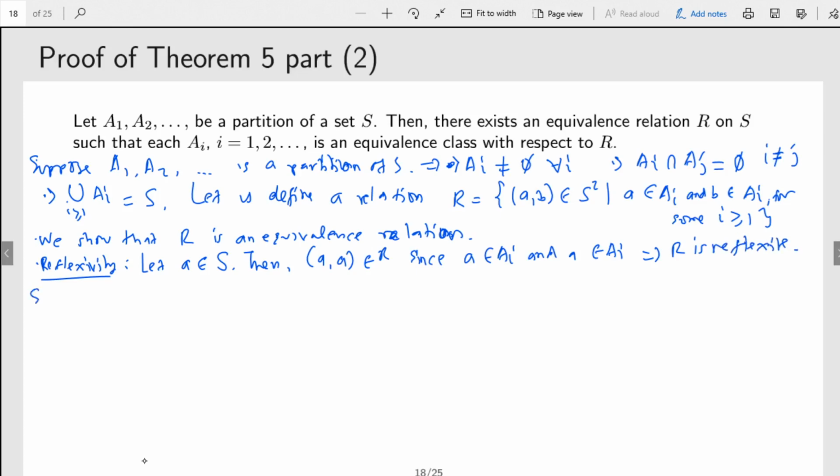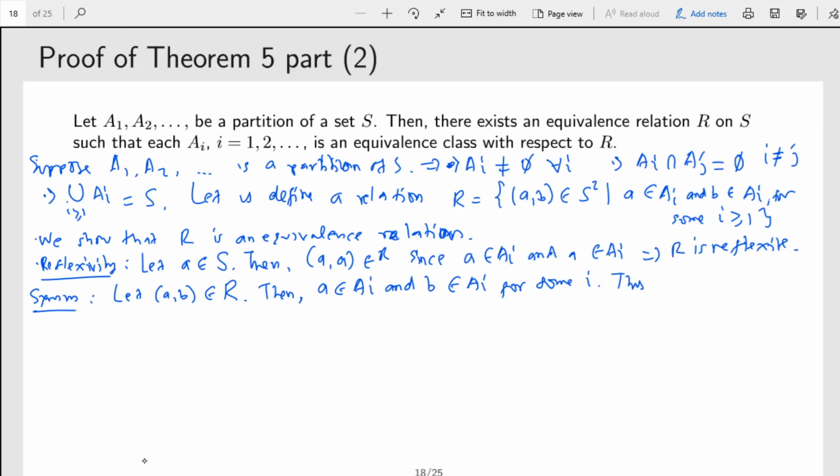Now, how about symmetry? Let A comma B be a pair such that this pair is in R. Then obviously A is in AI and B is in AI for some I. This is the same as saying that B is in AI and A is in AI, right?